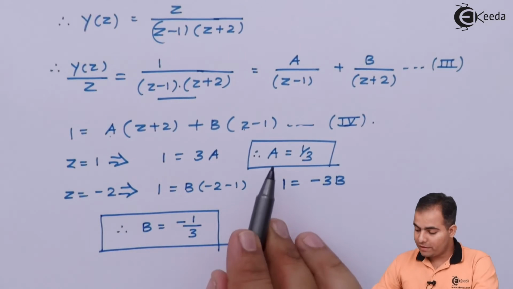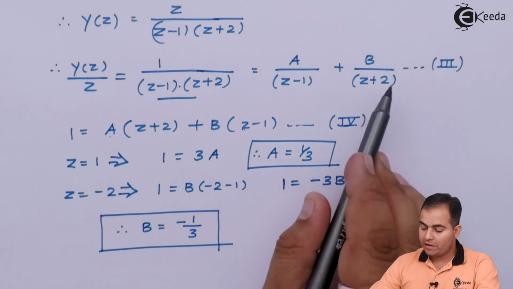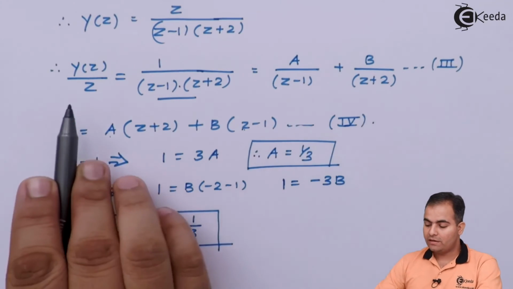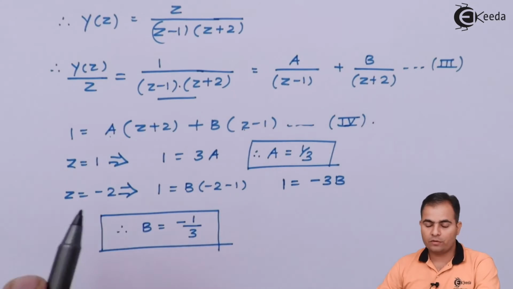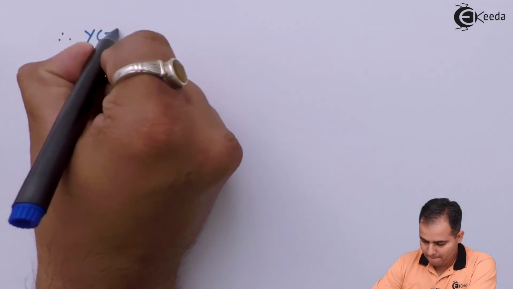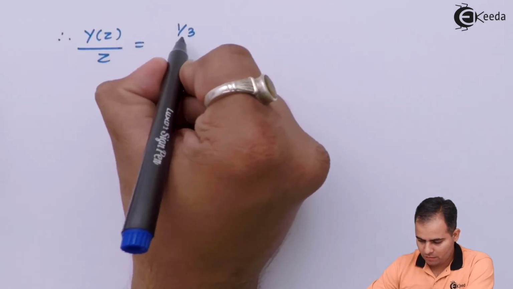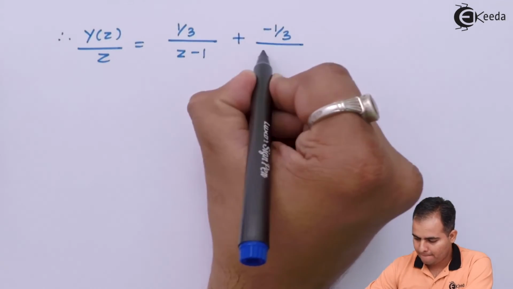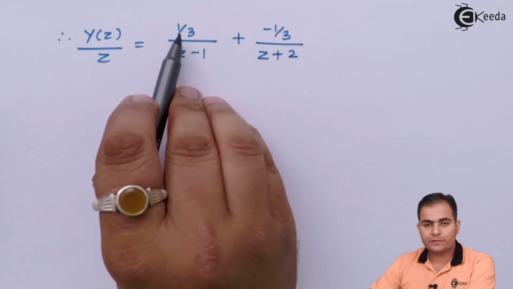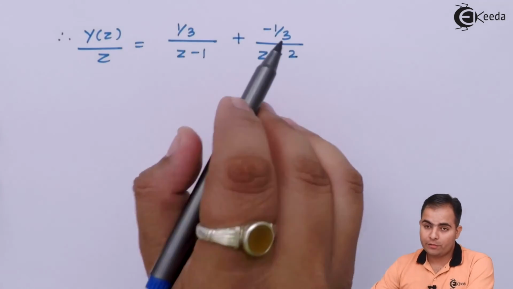Now I'll substitute my A value and my B value in equation number 3, then multiply this z on the right hand side, and after that we will apply inverse z transform on both sides. Look here, I've substituted my values of A and B in equation number 3.